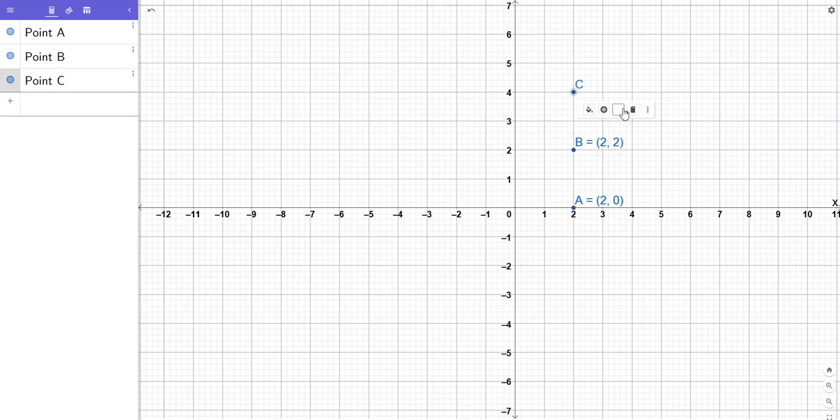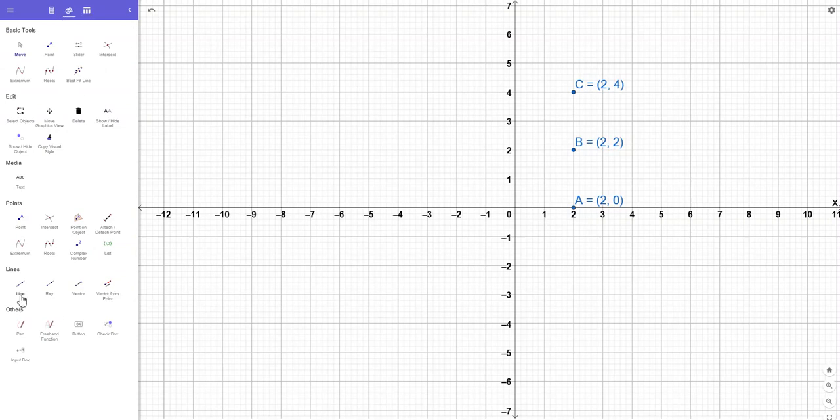So here the third point is, that is (2, 4). Now what you can see, if I draw a line or a ray joining these points, what do I get? You can see what I am getting is a straight line.